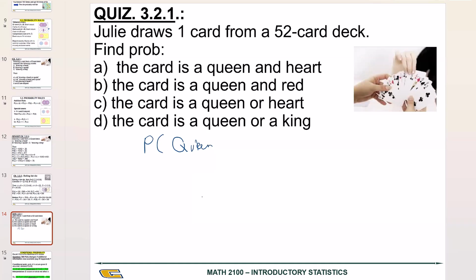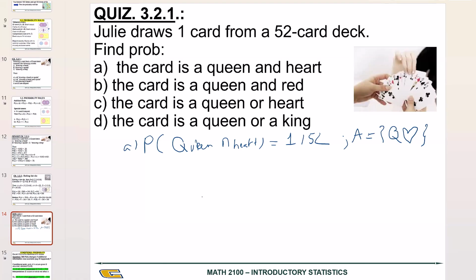Again, you could denote this by the A event as well, but here I write it for short. Maybe just 1 divided by 52, because you just have one case here, the queen of hearts. So if you didn't know this event, it would be just the queen of hearts, that's it, among 52 cards.